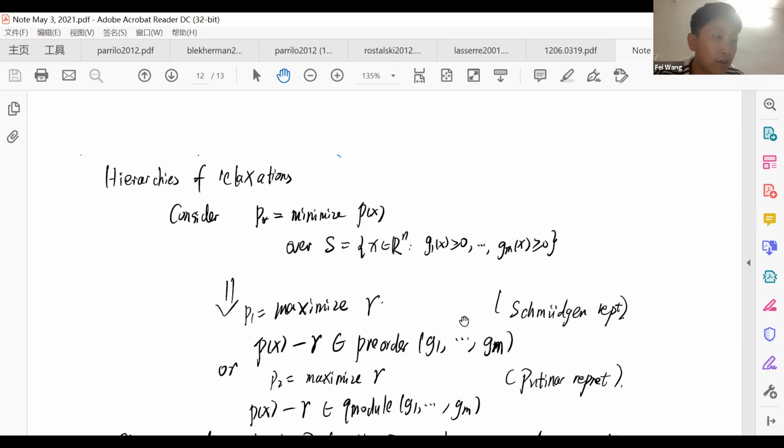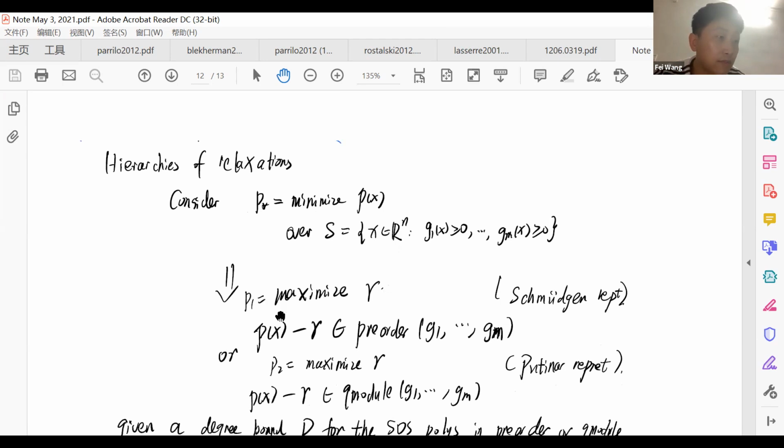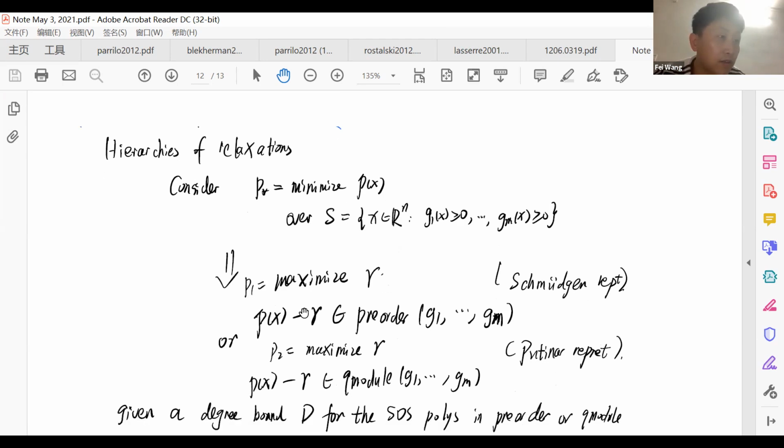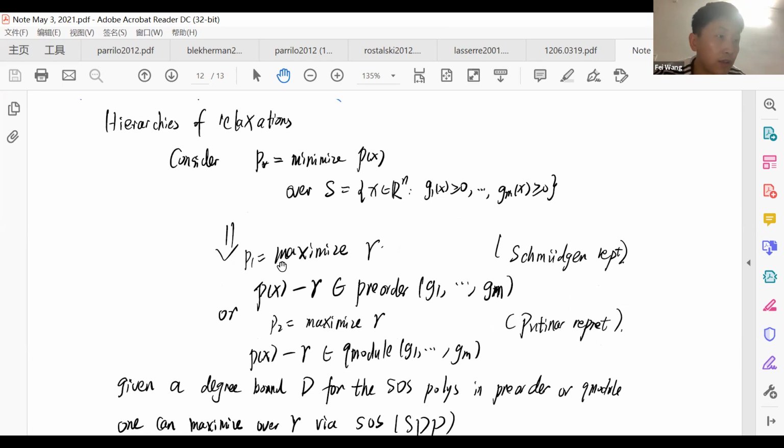So instead of this minimization problem, we consider this maximization problem.